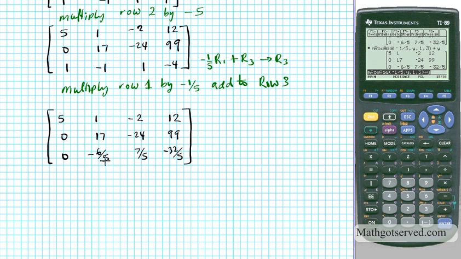Now, I need to make this a 0, but before we make this a 0, let me go ahead and get rid of the 5's here. So I'm just going to multiply this entire row by 5. So 5 times row 3, store in row 3.